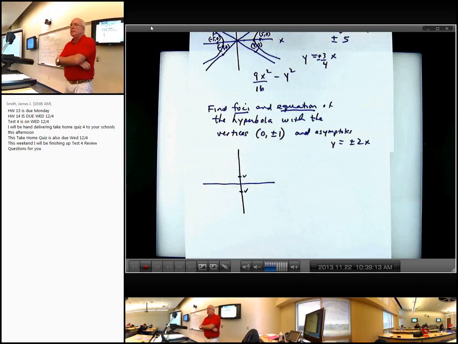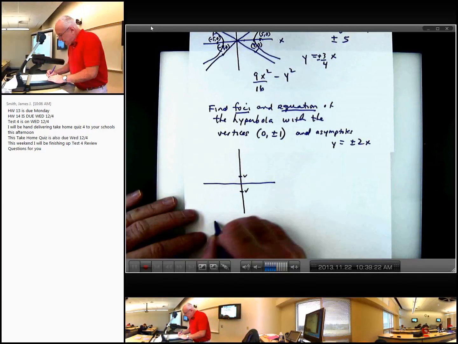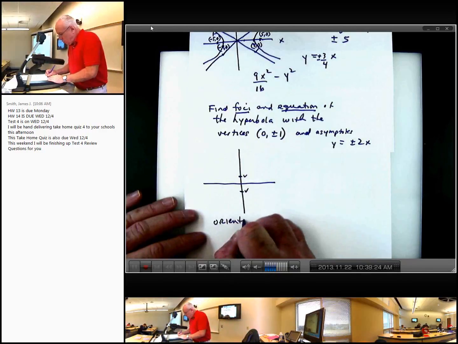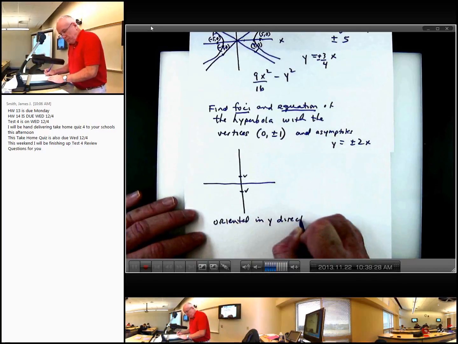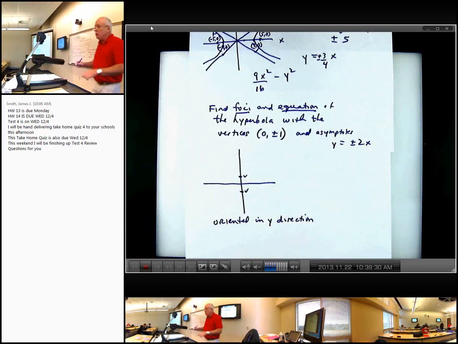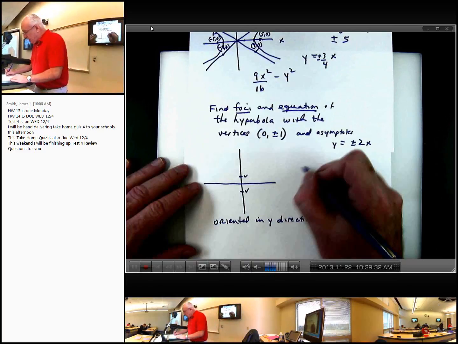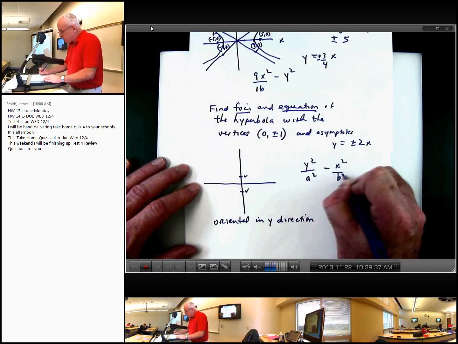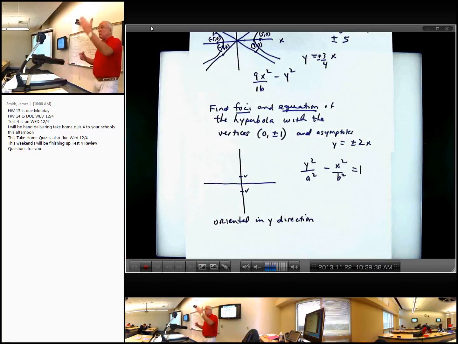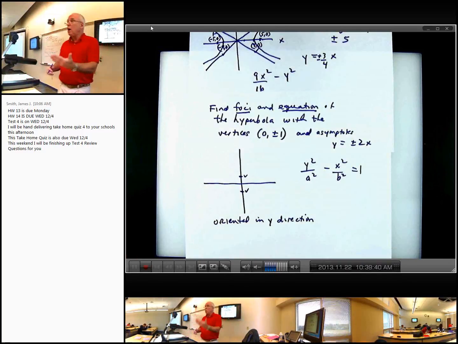So that tells us that this is going to be oriented in the y direction, because the vertices are oriented in the y direction. Okay, so we know it's going to be something like y squared over a squared minus x squared over b squared equals 1. It's going to lead off with that positive y, all right?